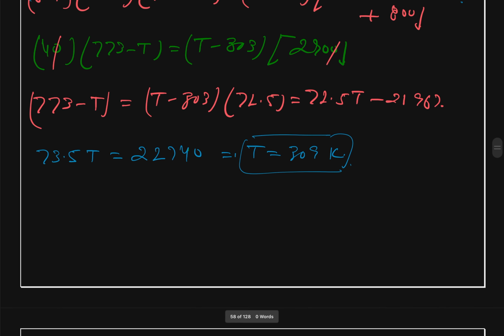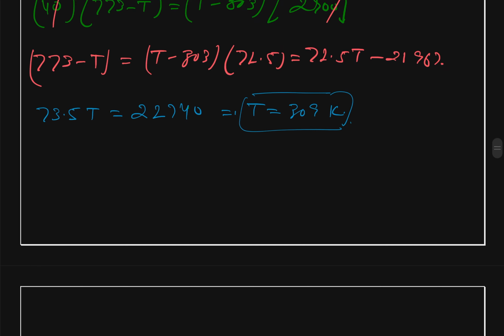So now hopefully we get the percentage increment, which will be equal to T minus 303 divided by 303 multiplied by 100.